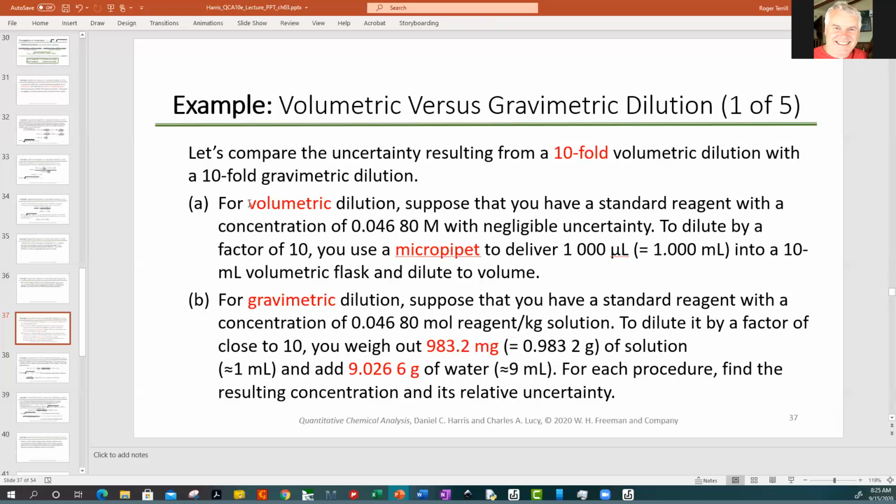But for volumetric stuff, you always take an amount and dilute it to volume, right? But for mass, you have to add the amount that will make the total mass add up to, say, 10 milliliters in this case.